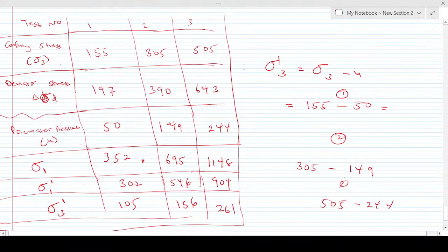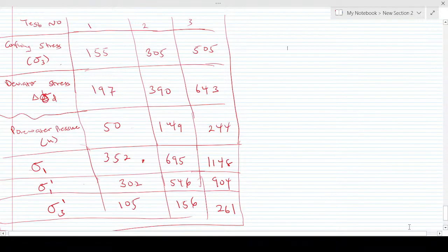So we've completed our table. Now we have to draw our graph. In drawing the graph, you're first going to draw the Mohr circle for the total stress, then draw the Mohr circle for the effective stress as well.